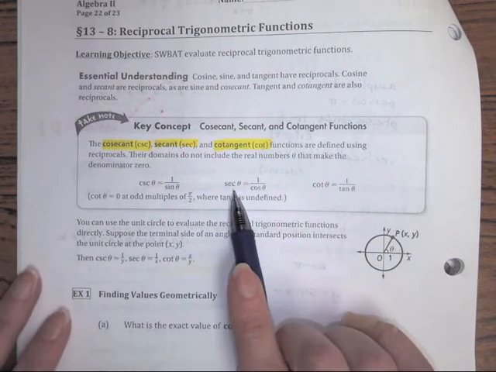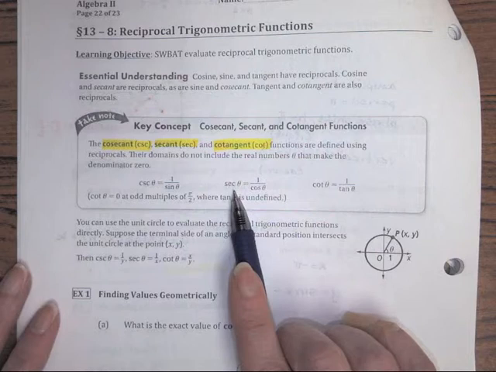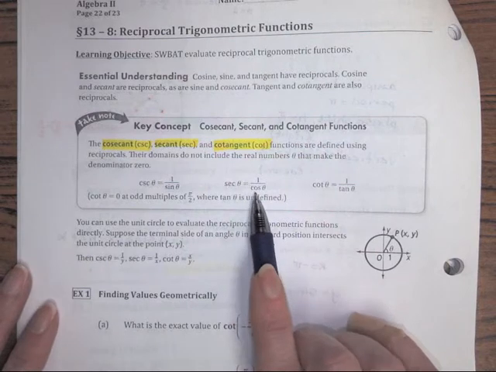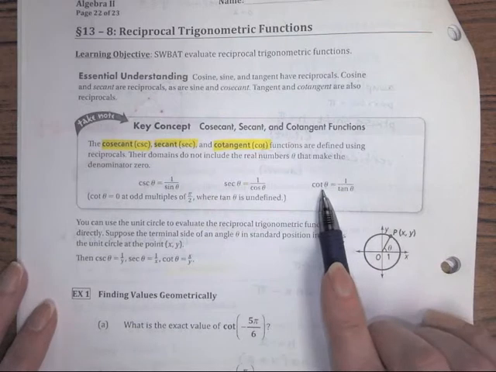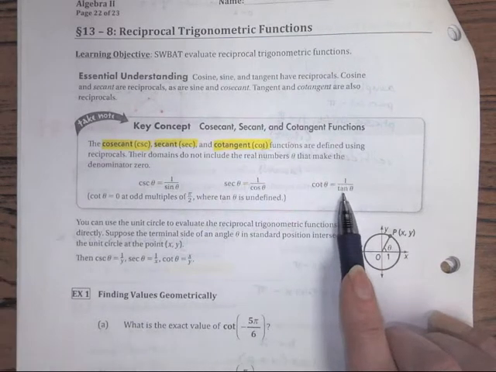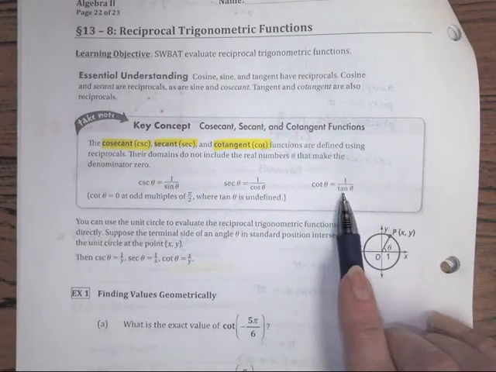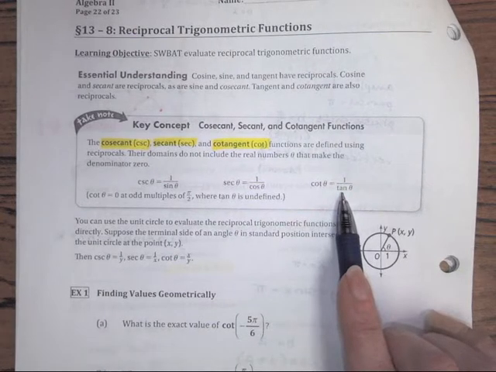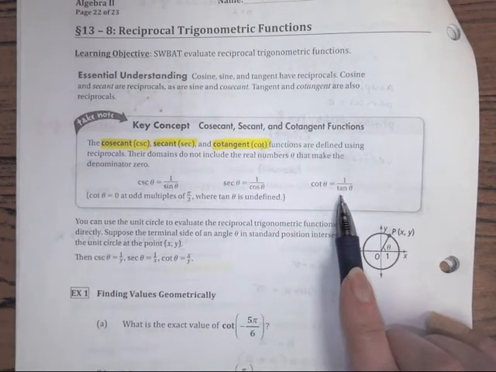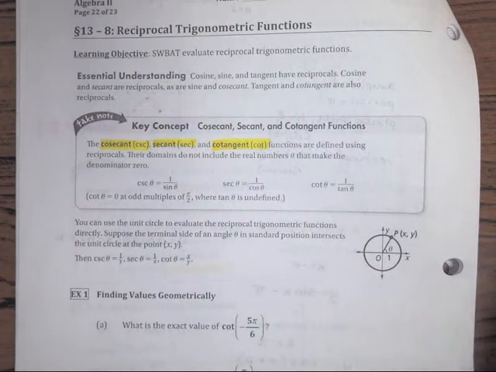The secant function is the reciprocal of the cosine function, so 1 over cosine of theta. And cotangent is the reciprocal of the tangent function, so it is 1 over the tangent function. All right? So far, so good?